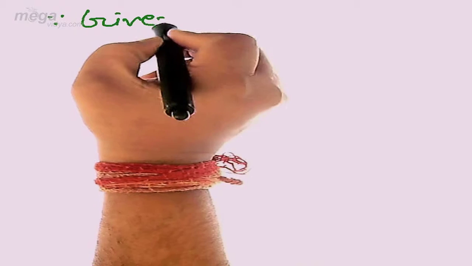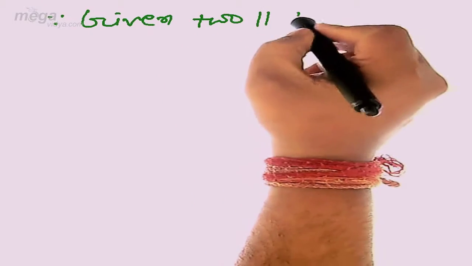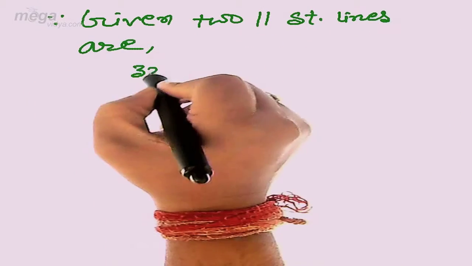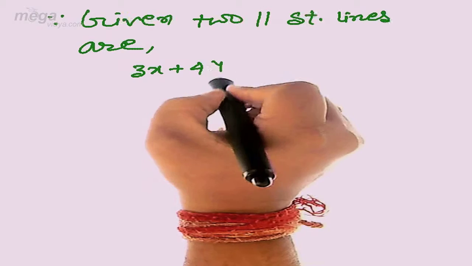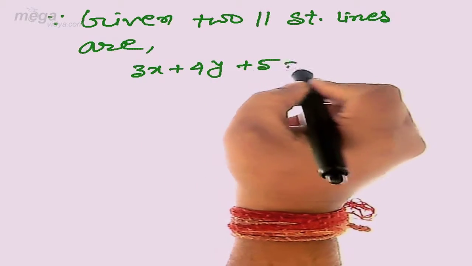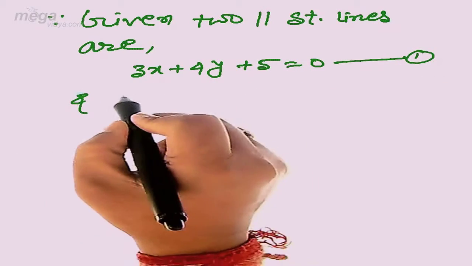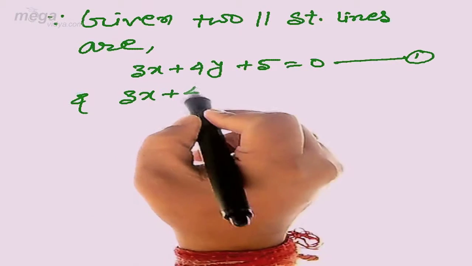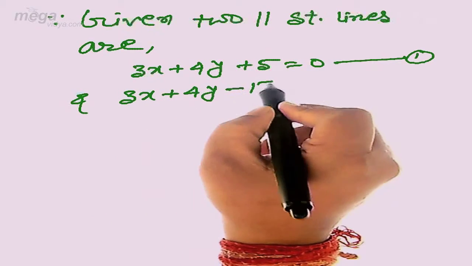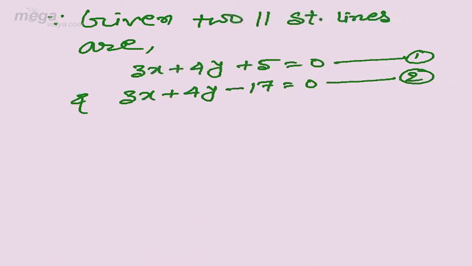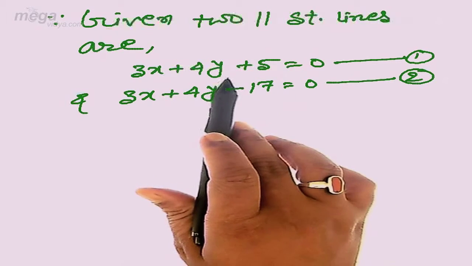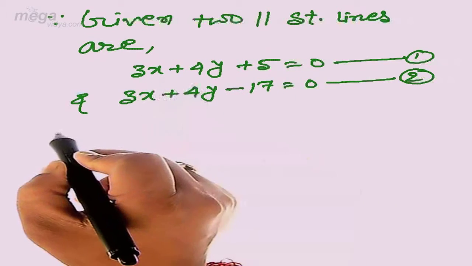Here the two parallel straight lines are 3x plus 4y plus 5 equal to 0, and the second equation is 3x plus 4y minus 17 equal to 0. Because the lines are parallel, the slopes are equal, so we can put the same coefficients of x and y as in the previous equations.